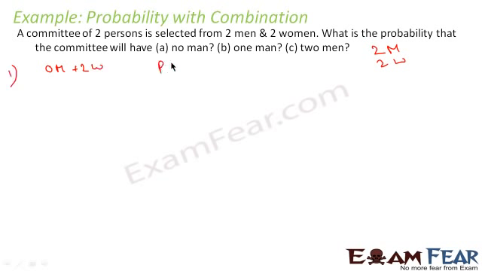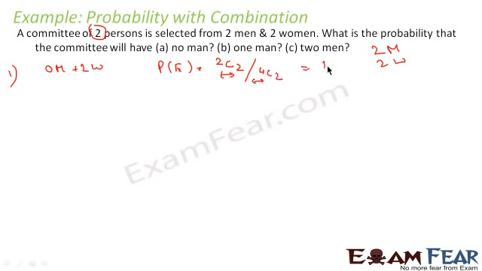So probability of this, we have to find 2 only. So we don't have an option other than selecting 2C2. From 2 women we are selecting 2. Divide by total. How many people are there? 4, 2 plus 2, 2 men, 2 women, by 4C2. This is the favorable event. This is the total event. What you get is 1 by 6.